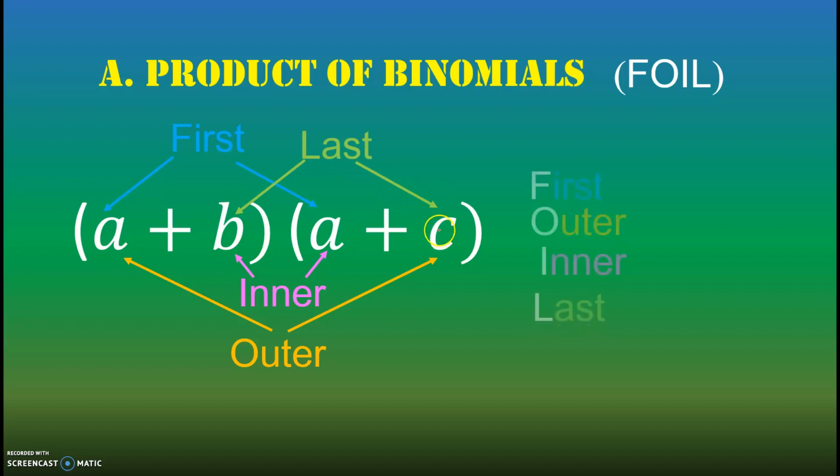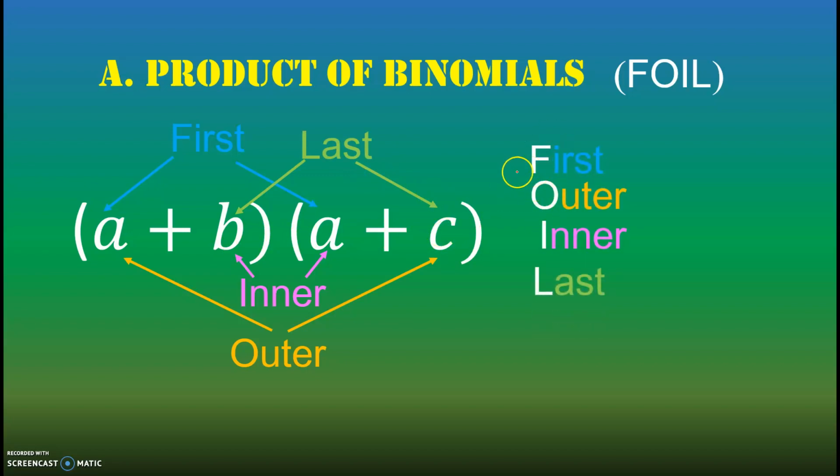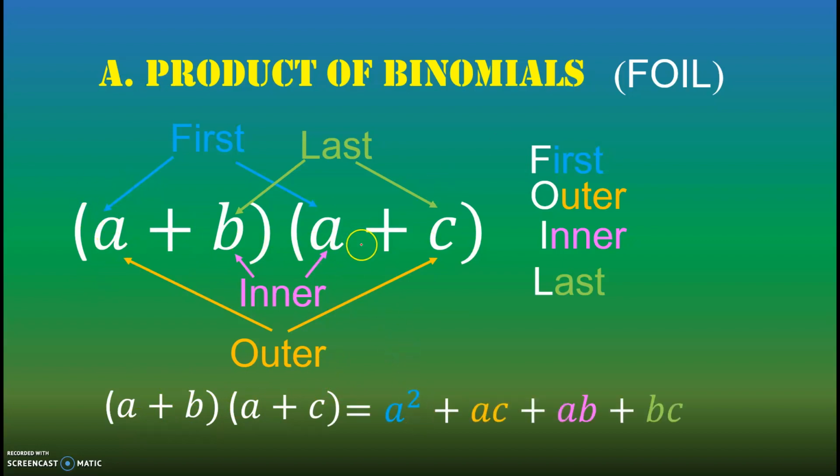So the method is first, outer, inner, last. The result of multiplying these terms is a times a, a squared. Then outer is a times c, which is ac. Inner is b times a, or ab, plus b times c, which is bc. Okay? Moving on.